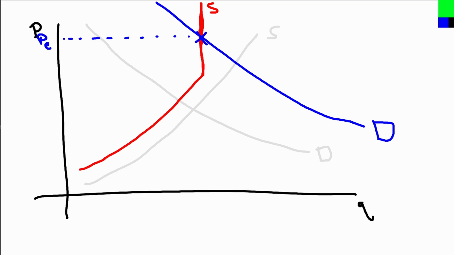Here's kind of the problem right now: manufacturers and retailers are probably setting the price somewhere down here. We'll call it P actual, or PA.